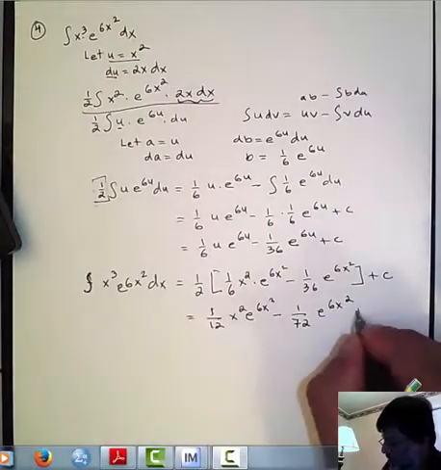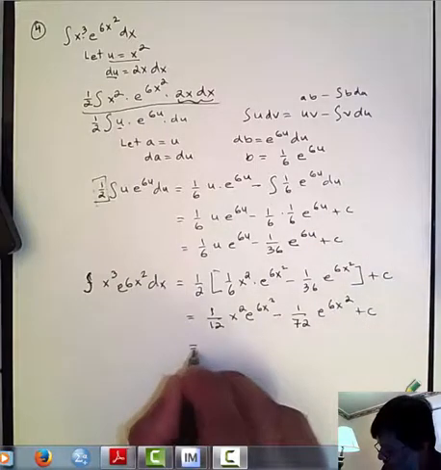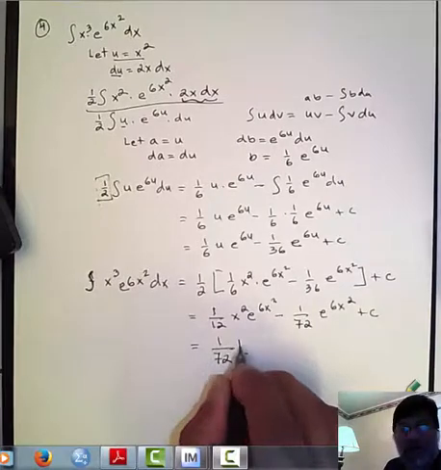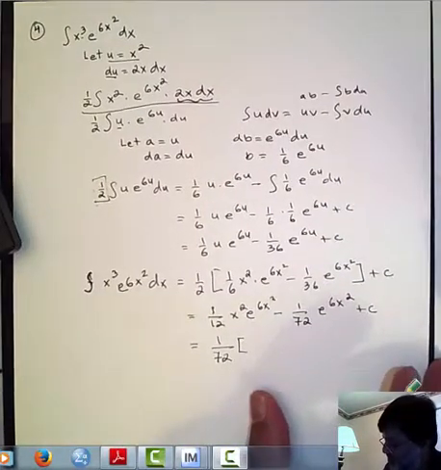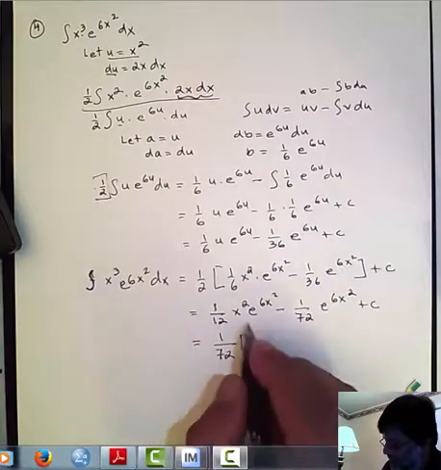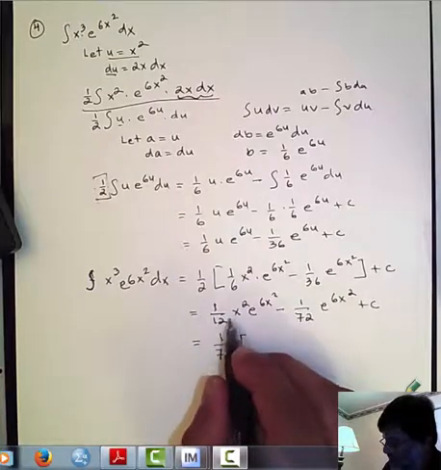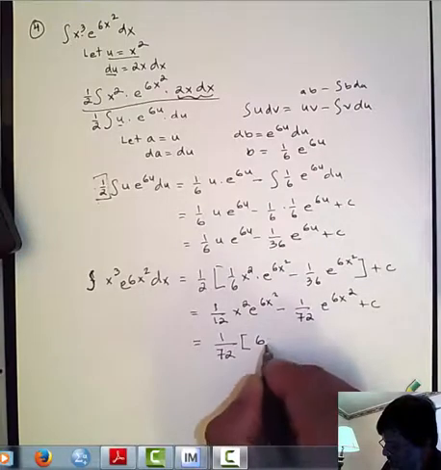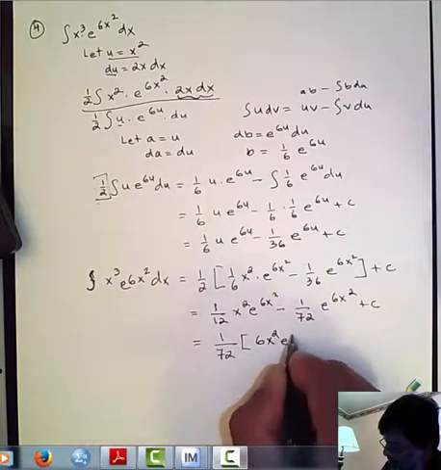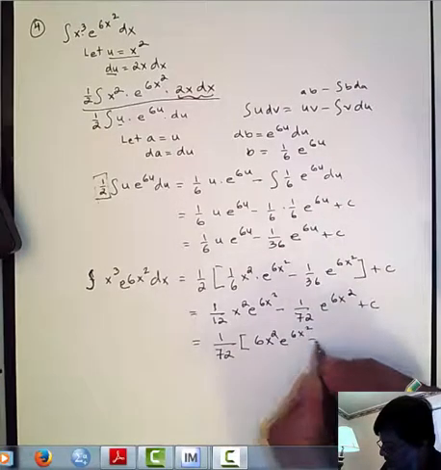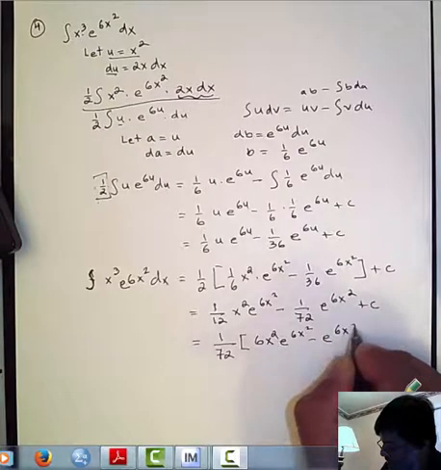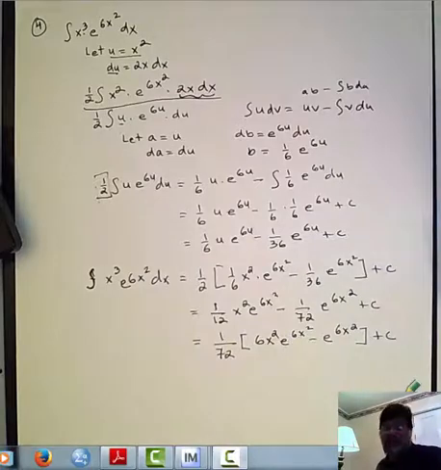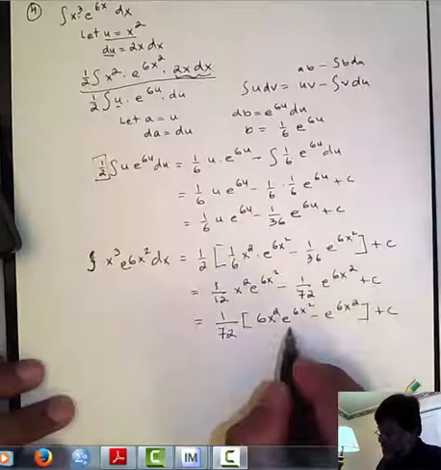Plus c. Now we can also factor out 1/72. And if we do that, what's left? Well, I took 1/72, that means I'm dividing this by 1/72, so there's 6 there. 6x squared e to the 6x squared minus e to the 6x squared plus c. So we could also factor out e to the 6x squared because it's here and here.